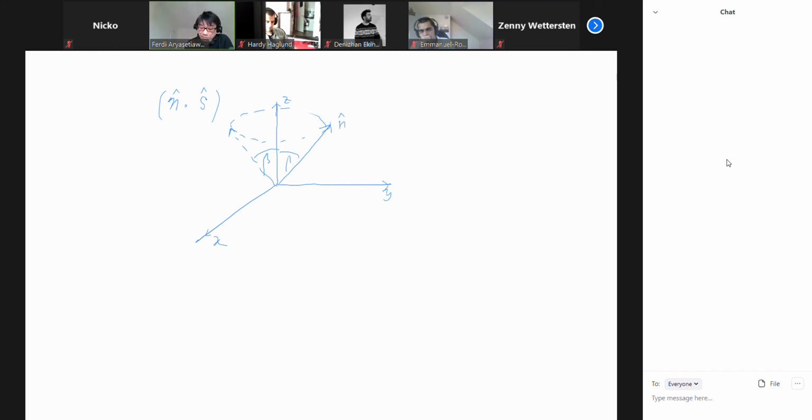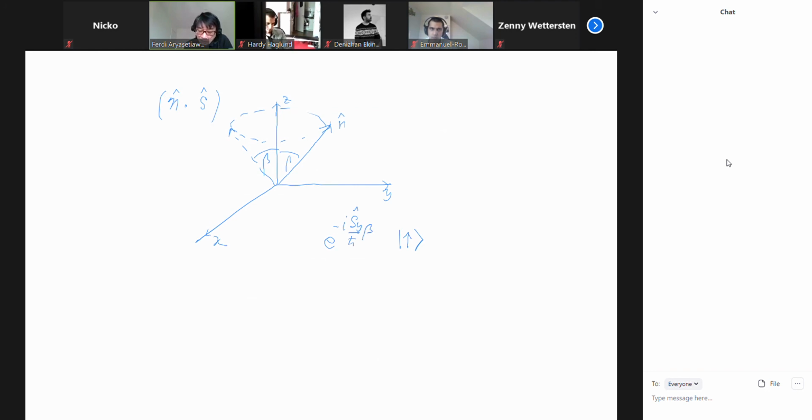Then we can start with the spin up eigenstate along the z direction. So start with a state along the z direction, and we make a rotation around the y-axis, so that will be e to the minus i y by an angle beta.